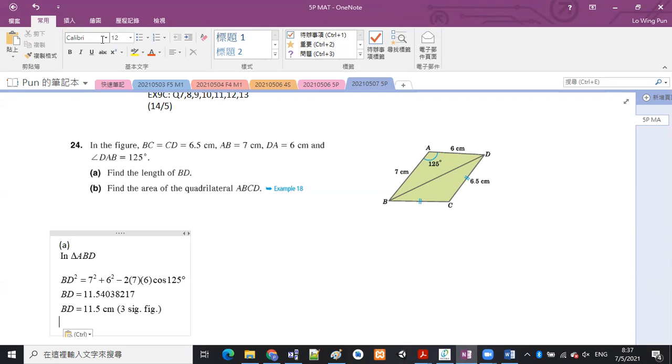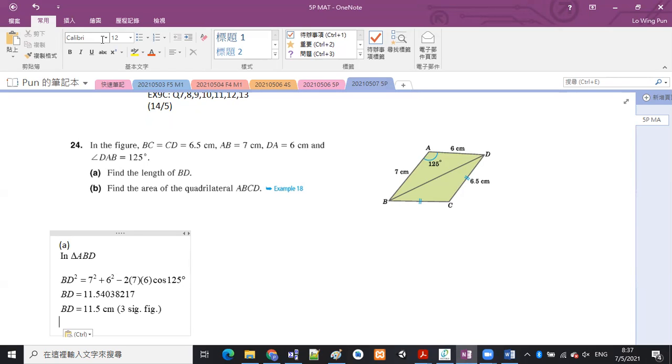Triangle ABD. Which formula shall we use to find the area of triangle ABD? Sorry? Okay, you may use Heron's formula because we have all the 3 lengths, right? But if we have a choice, we don't like using Heron's formula because there are 2 steps.